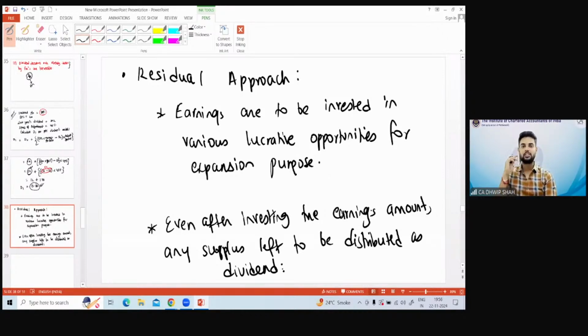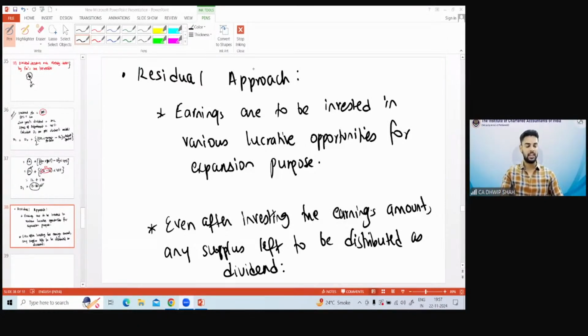Okay? So this is a very practical approach, and I feel that most of the companies in reality are following this approach, that any earnings that they have with them, first they invest in their growth perspective or for their expansion purpose, and still if surplus is there, then they distribute the dividend. So it is a win-win situation for both the company and the shareholders. Okay? So clear? This is very simple.